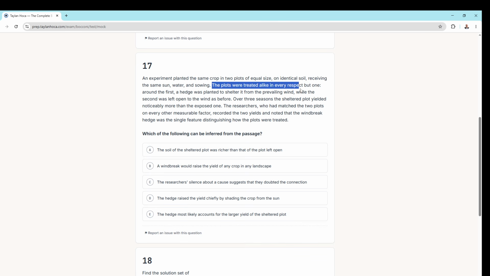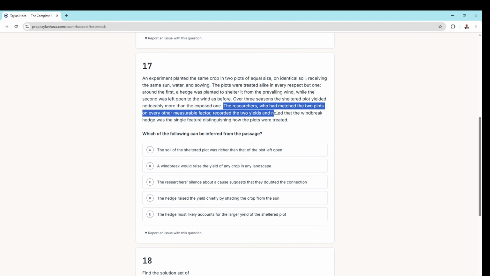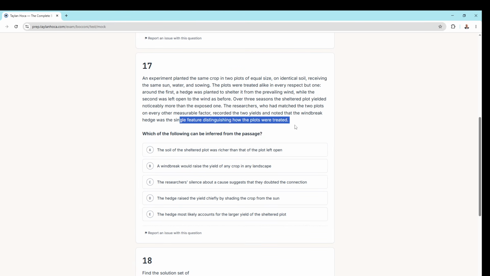The plots were alike in every respect but one. Around the first, a hedge was planted to shelter it from the prevailing wind, while the second was left open. Over three seasons, the sheltered crop yielded noticeably more. The researchers, who had matched the two plots on every other measurable factor, recorded the two yields and noted that the windbreak hedge was the single feature distinguishing how the plots were treated.